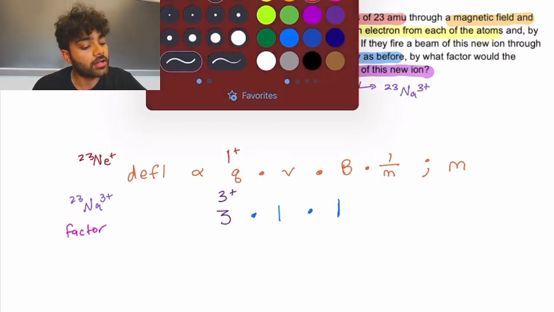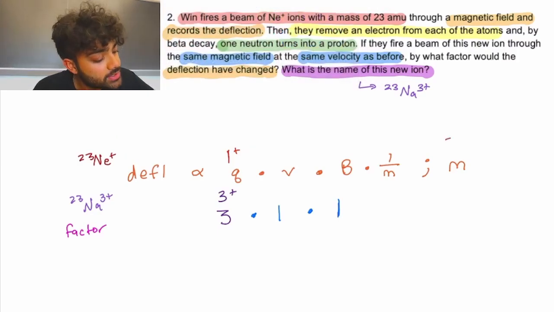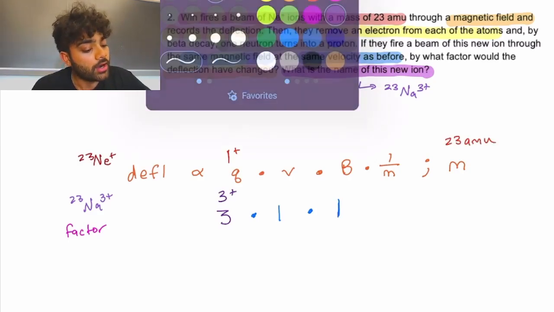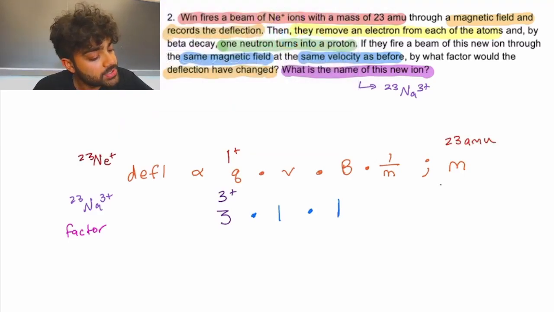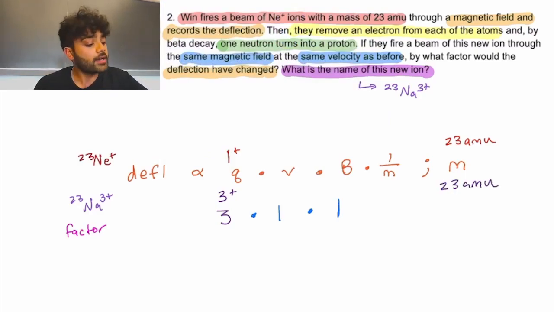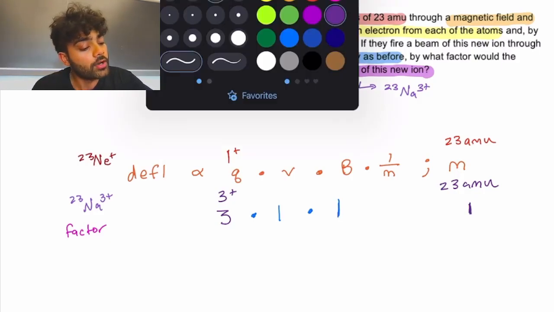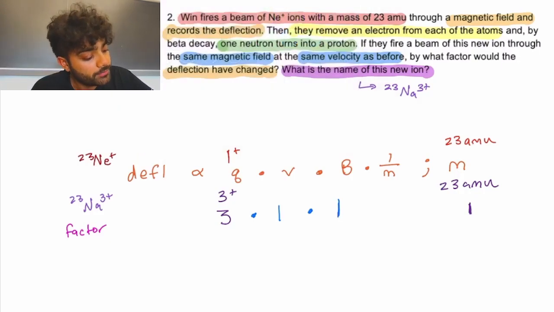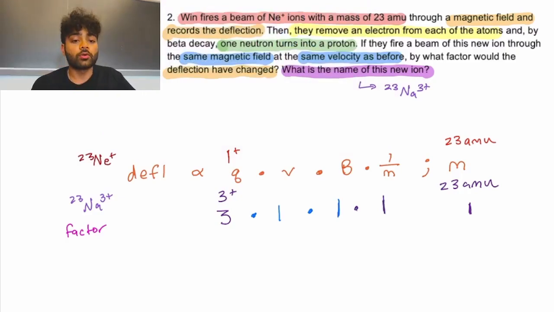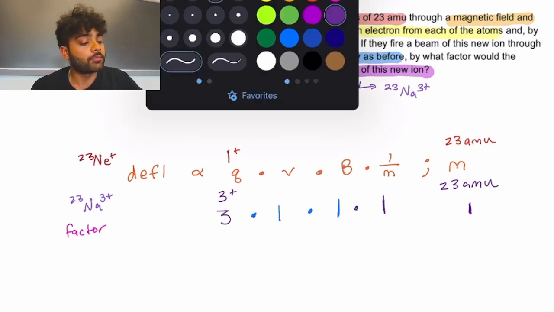So the mass of our 23 neon is 23 AMU, and our mass for our sodium 3 plus is also 23 AMU. So our factor for the mass is 1, and therefore our factor for 1 over the mass is 1. So we filled out the right side of our factor line.